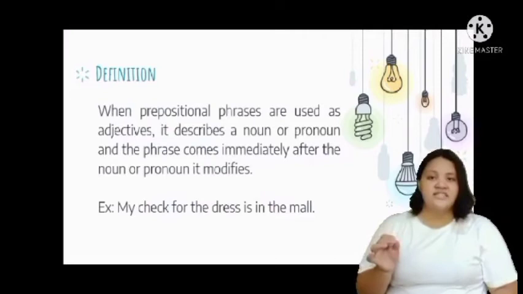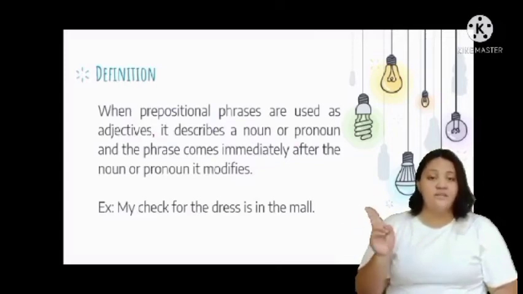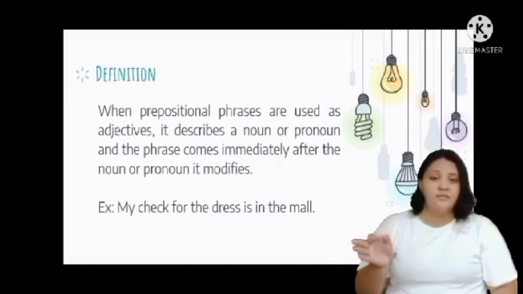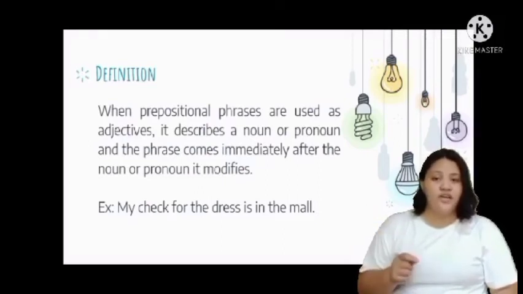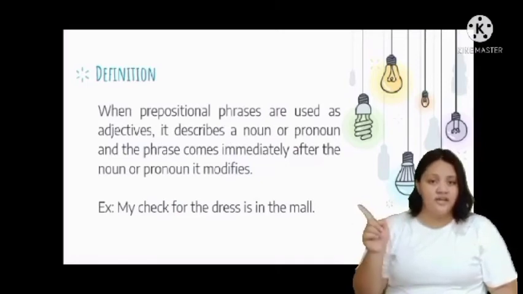This is a complete sentence with a prepositional phrase, and that phrase is "for the dress." For is the preposition, the is the modifier, and dress is the object of the preposition. This is an example of an adjective prepositional phrase because it describes the noun check.